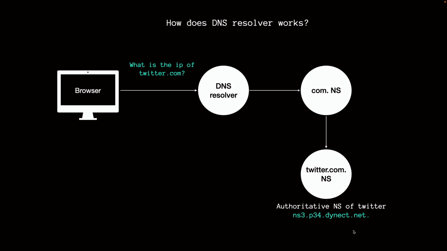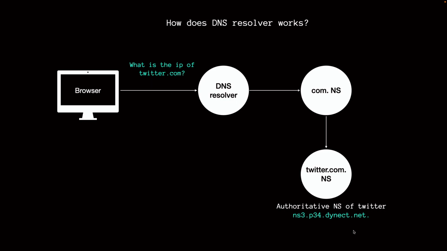So, the .com name server has information about all the domains coming under .com and it replies with the twitter.com authoritative name server. So an authoritative name server is basically a server which maintains the original zone records and handles the zone queries, and these name servers are hosted in the same zone where your website is hosted.